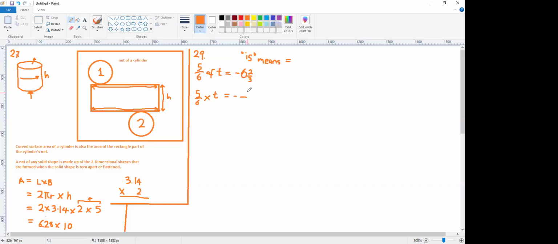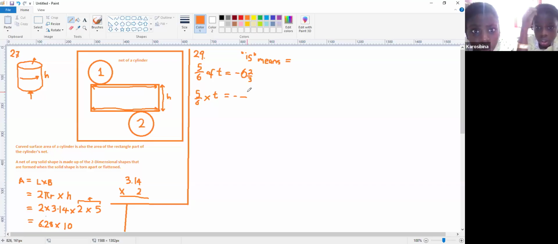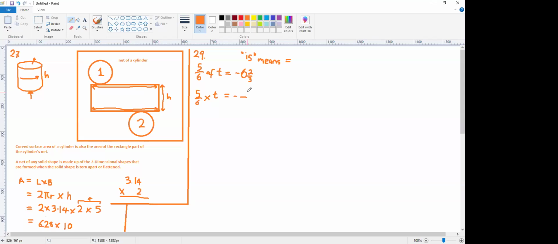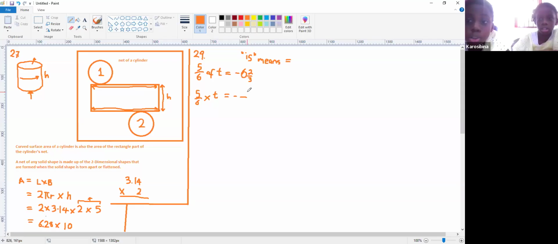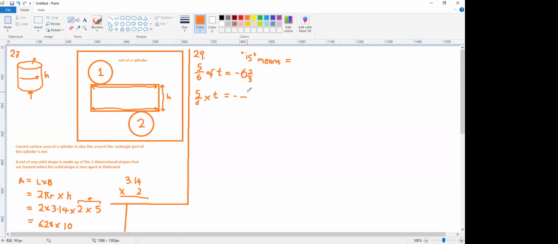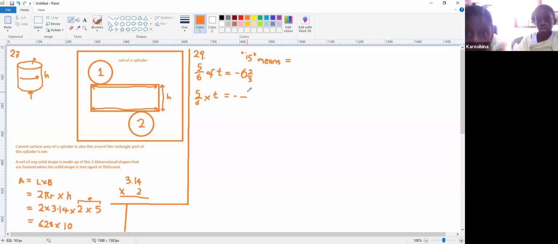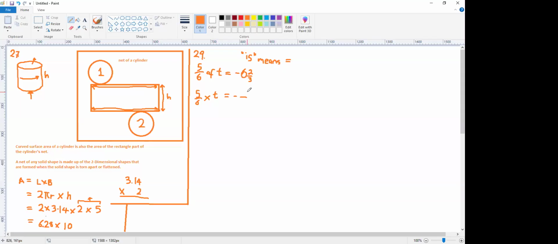Sir, we did not hear you. Somebody was calling us. Can you hear me now? Yes, sir. 6 whole number 2/3 is what as improper fraction? So you should be writing down in your book. Figure it out quickly.